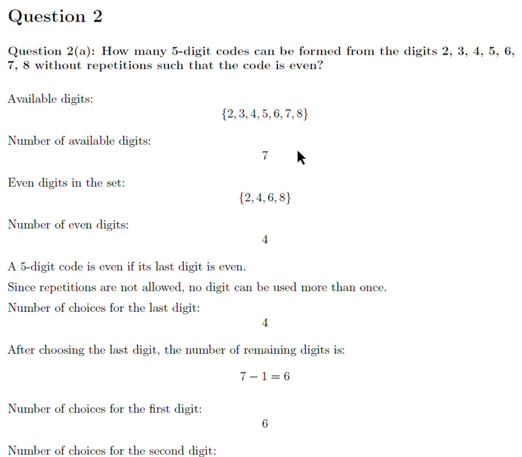So now you want to hack a pin code, and the information you have is that the code is a 5-digit code. The code is even, that is, the last digit is an even number, and there is no repeated number in that code.